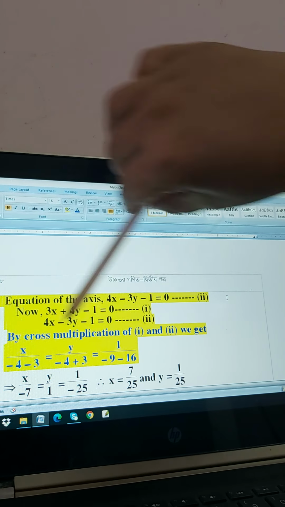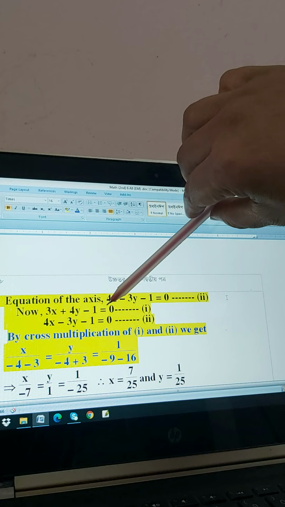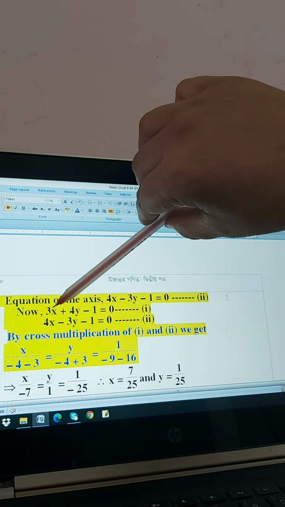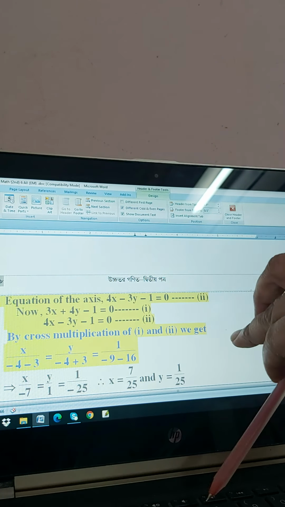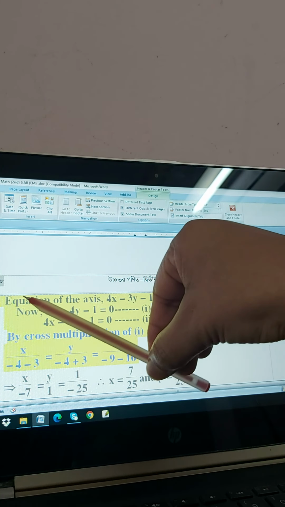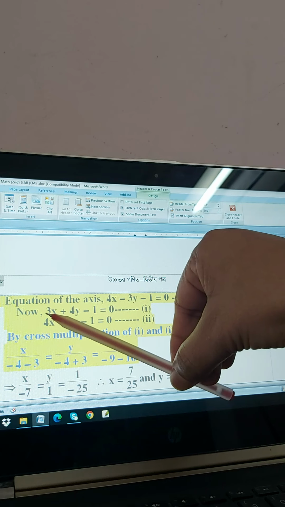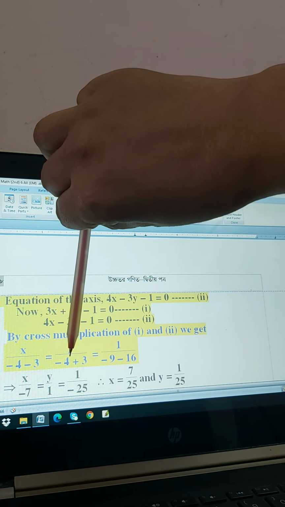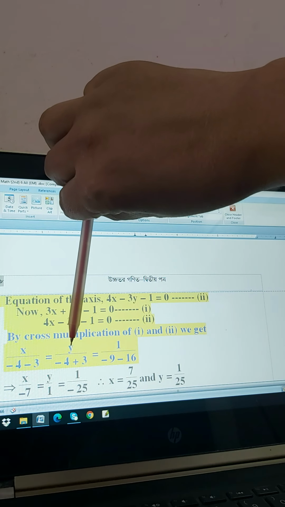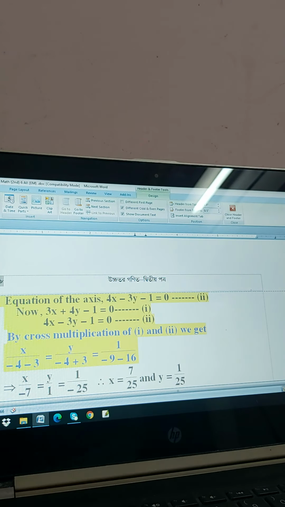For y, minus 1 into 4, that is minus 4, and minus 3 into minus 1, that is plus 3.